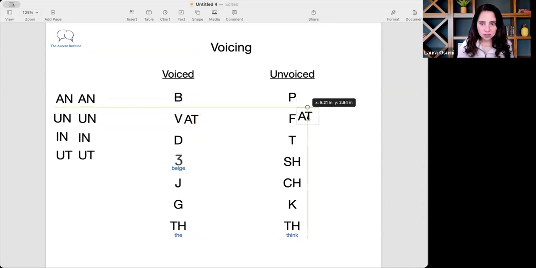I can use this same one here. So we'll go to that, right? Using my voice. But with this one, I don't use my voice until I get to the vowel, and I kind of have to blend that together. Fat, vat, fat.